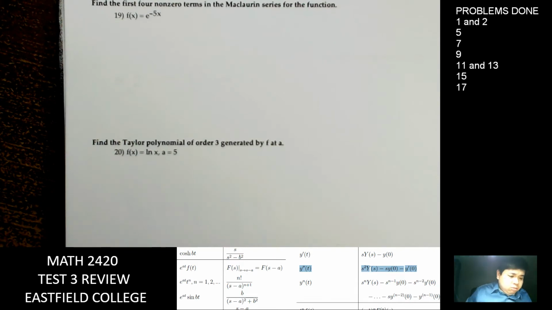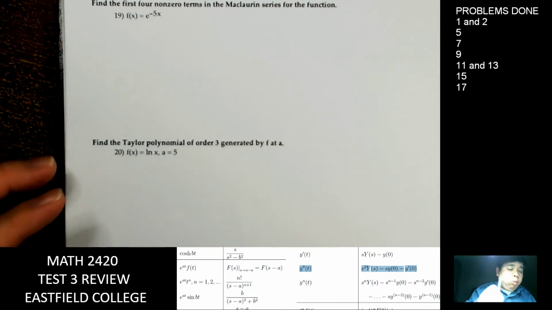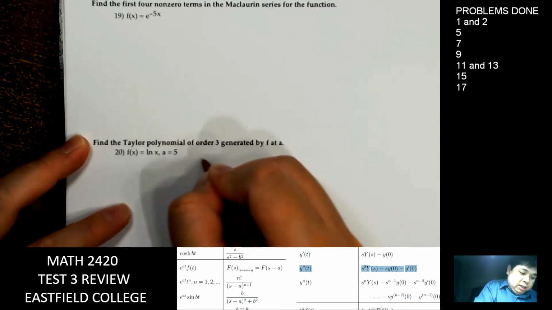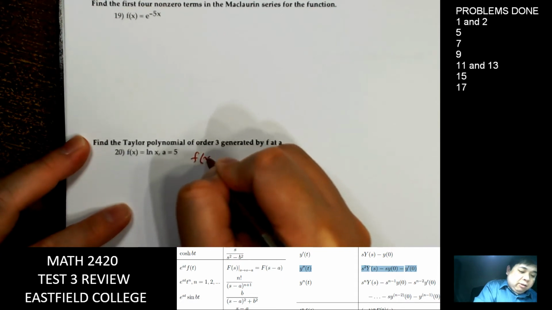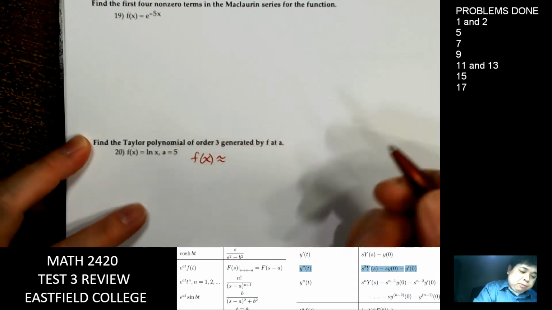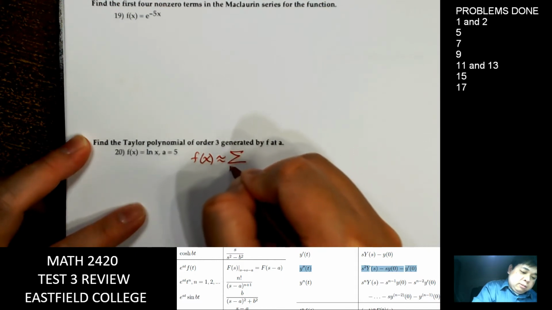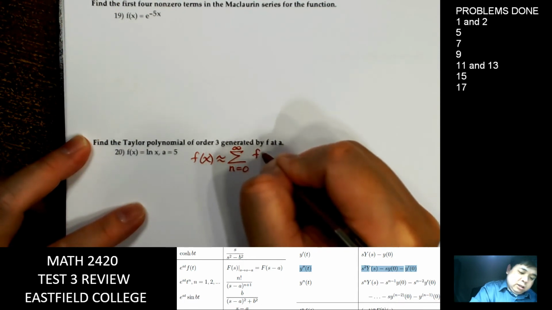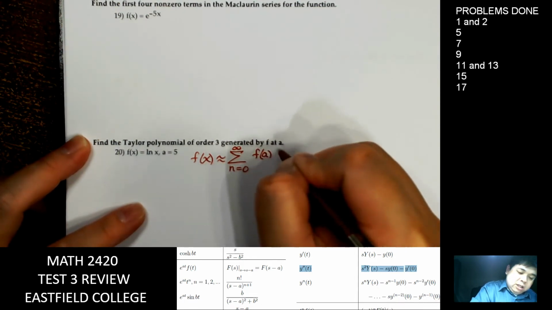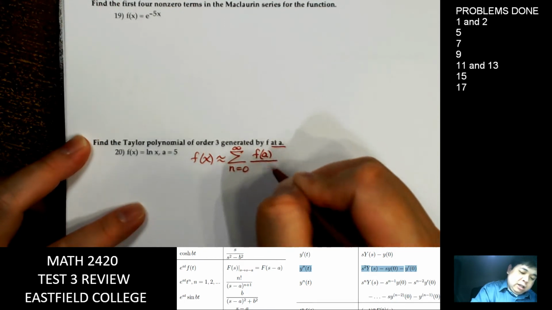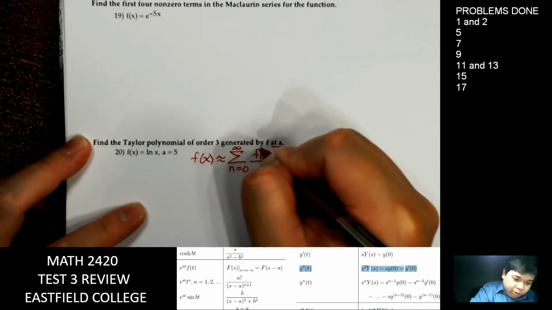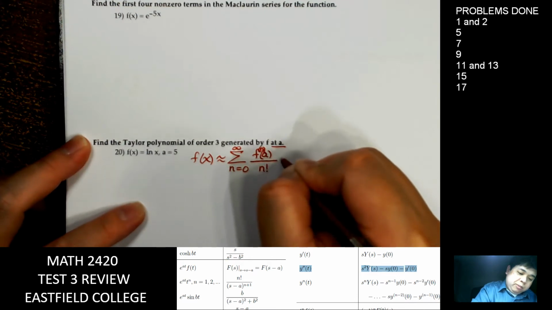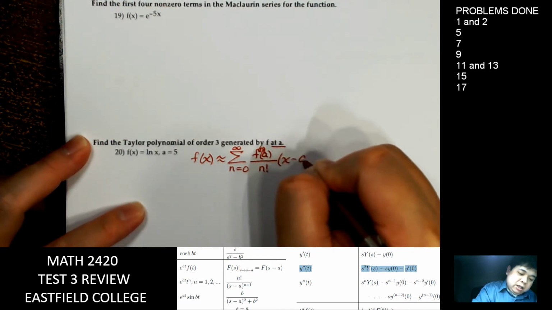So for Taylor series in general, I will put this formula on the chart on the test. f of x is approximately equal to the series centered at a: the nth derivative of f at a over n factorial, times (x minus a) to the n power.